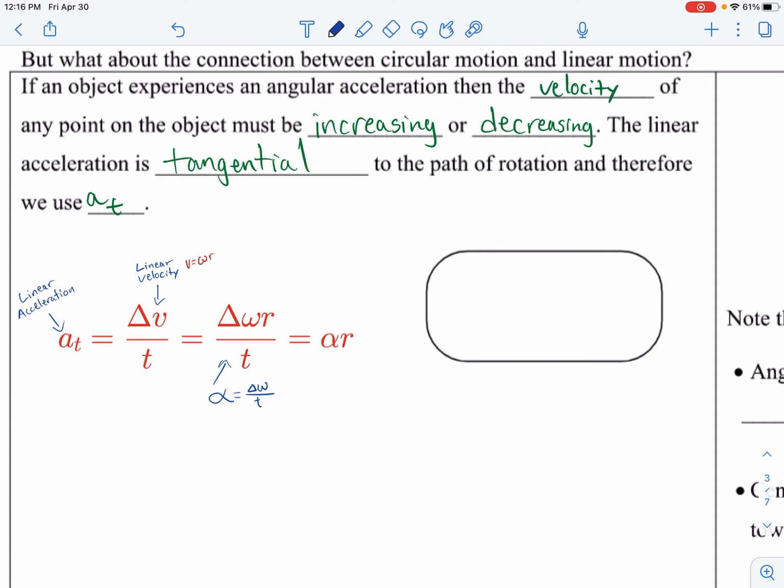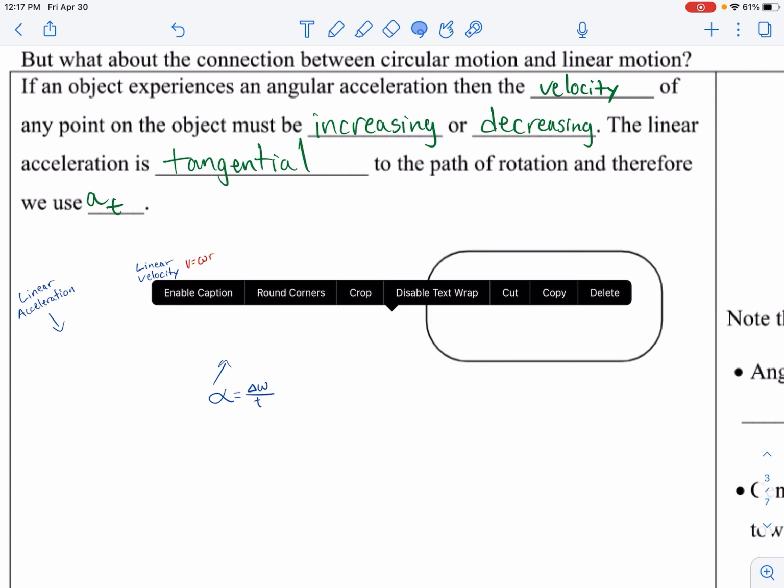So what we find here is that alpha equals tangential acceleration divided by r. There we go.